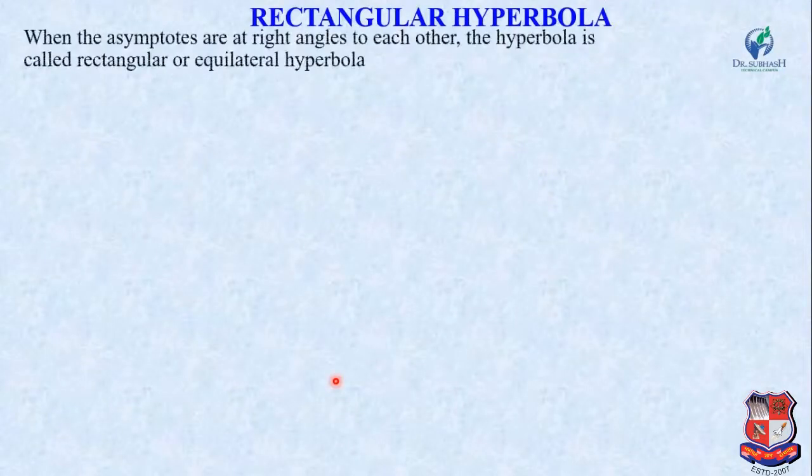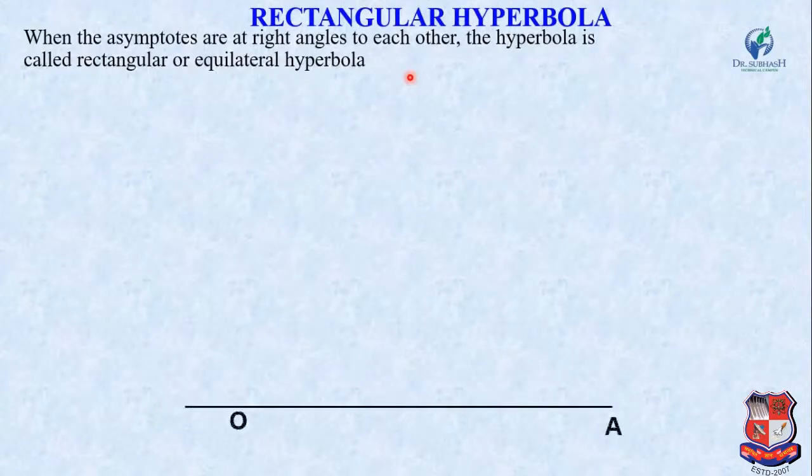The first one is the rectangular hyperbola, or we can say the rectangle method for hyperbola. So what does it mean? When the asymptotes are at right angles to each other, the hyperbola is called a rectangular or equilateral hyperbola. Okay, when the two asymptotes, or we can say two axes x and y, are perpendicular to each other, then it is known as the rectangular hyperbola.